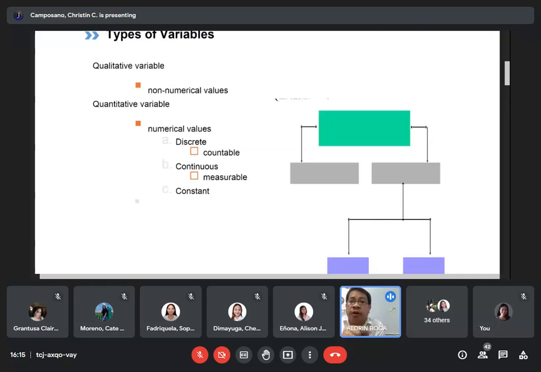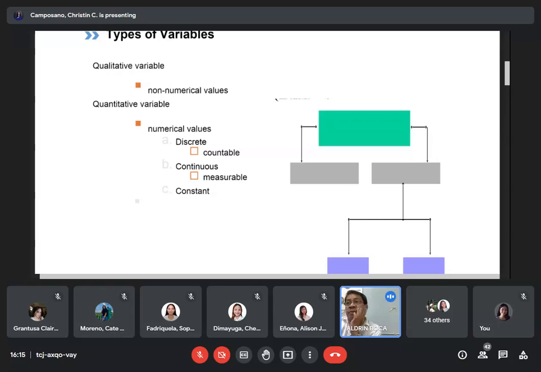Or in a Google form, you tick the button of your sex. Whether you are a male or a female, you understand? So this particular variable, sex, is a qualitative variable.